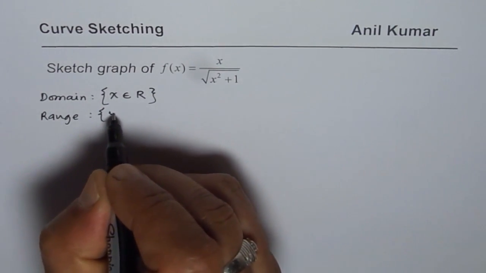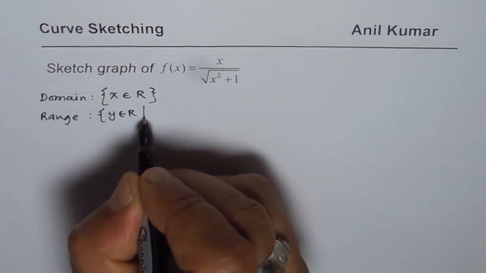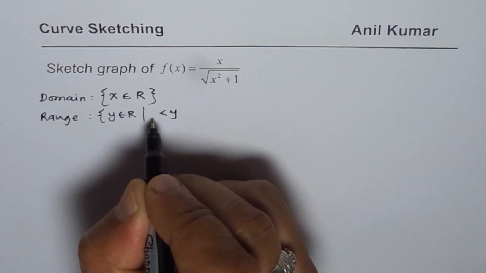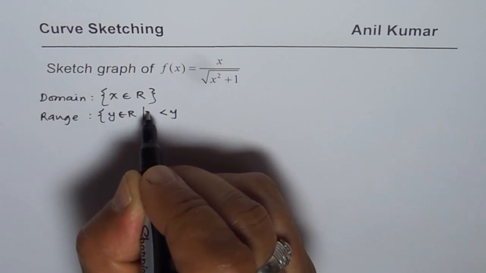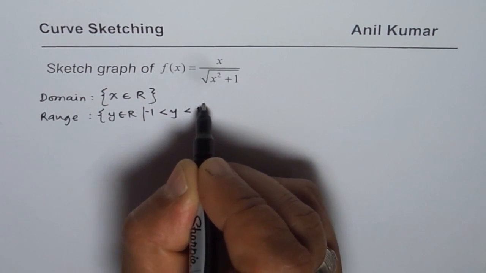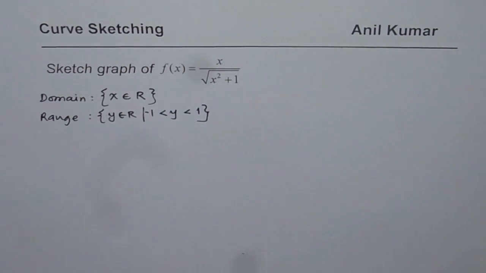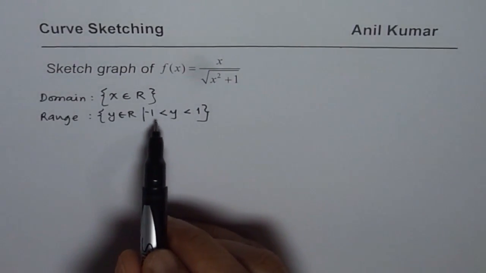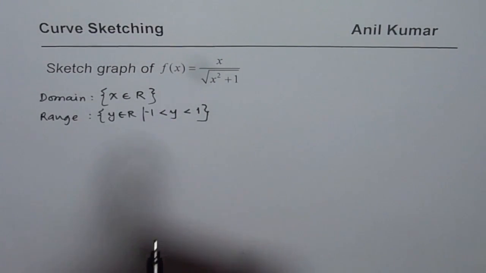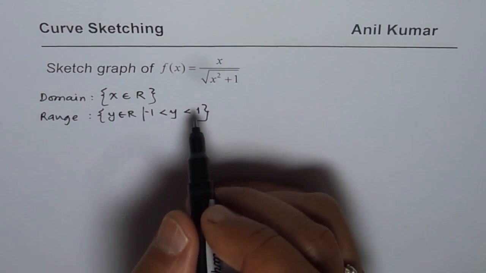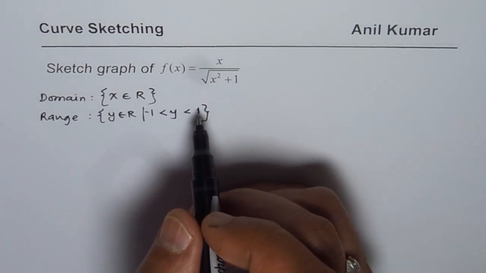So the range will be y belongs to real numbers, where y is greater than minus 1 and less than 1, right? This inference is slightly difficult for some students, but if you find it difficult, you can skip it for now. Okay. Now another part we can find is the x and y intercepts.